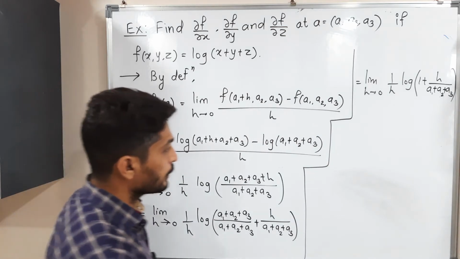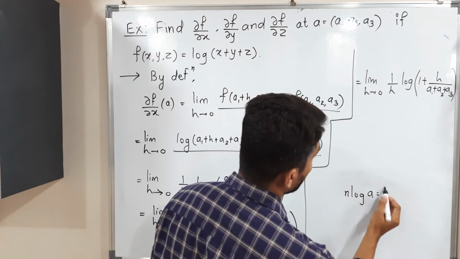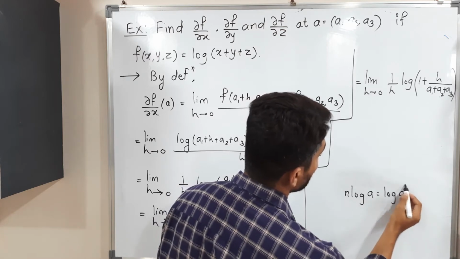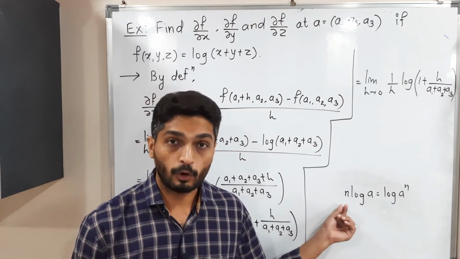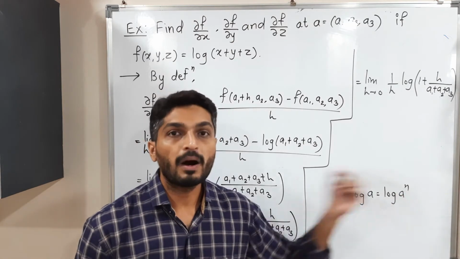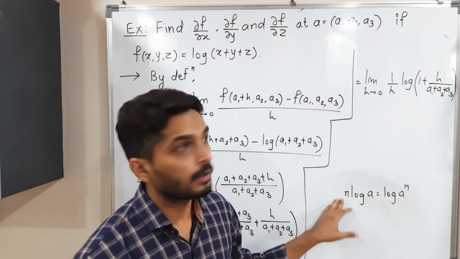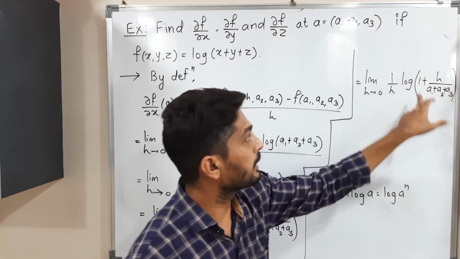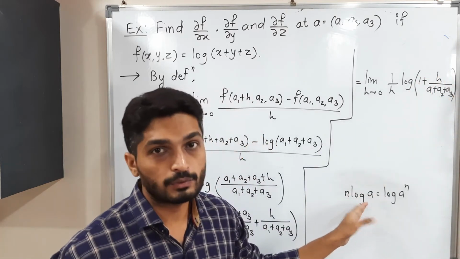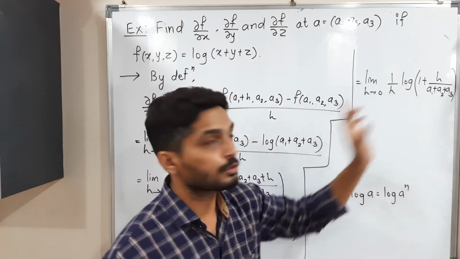Do you know this property of log? n log a is equal to log a raised to n. That means if you have any term as a multiple of log, you can write it as a power of a. Same thing we have here, but in this example we have 1 by h, and this bracket is nothing but a. So by this property, we can write log of this bracket raised to 1 by h.